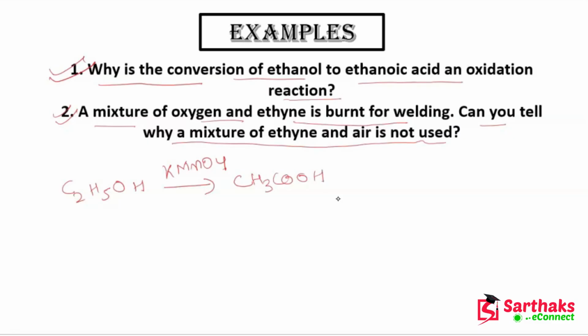But if they burn in a lack of oxygen, they will not burn completely and will form a sooty flame. That's why ethane is burned with oxygen, so that it burns completely, and it is used in welding. But this is not possible with air. The temperature reached by burning ethane with oxygen will not be reached by burning ethane with air. I hope these two points are clear to you.